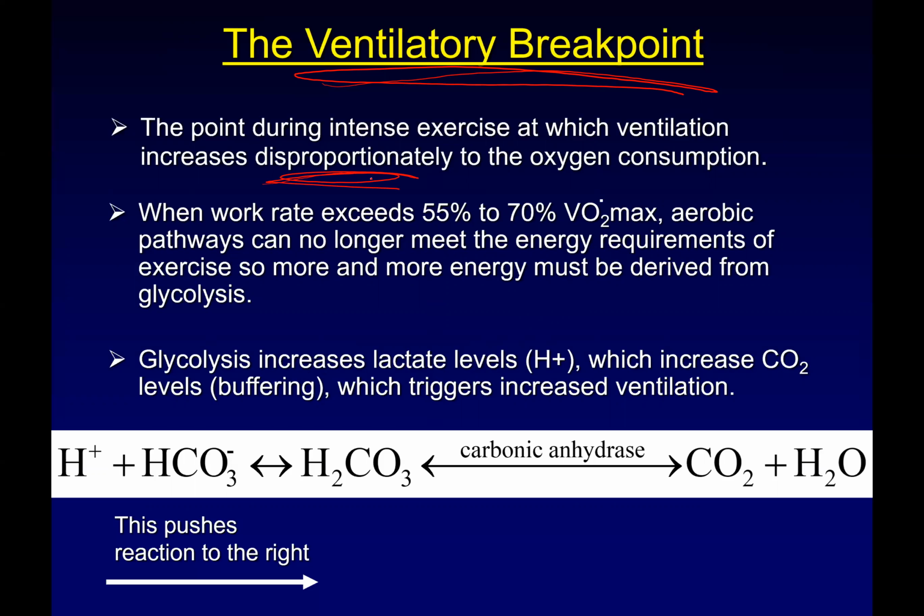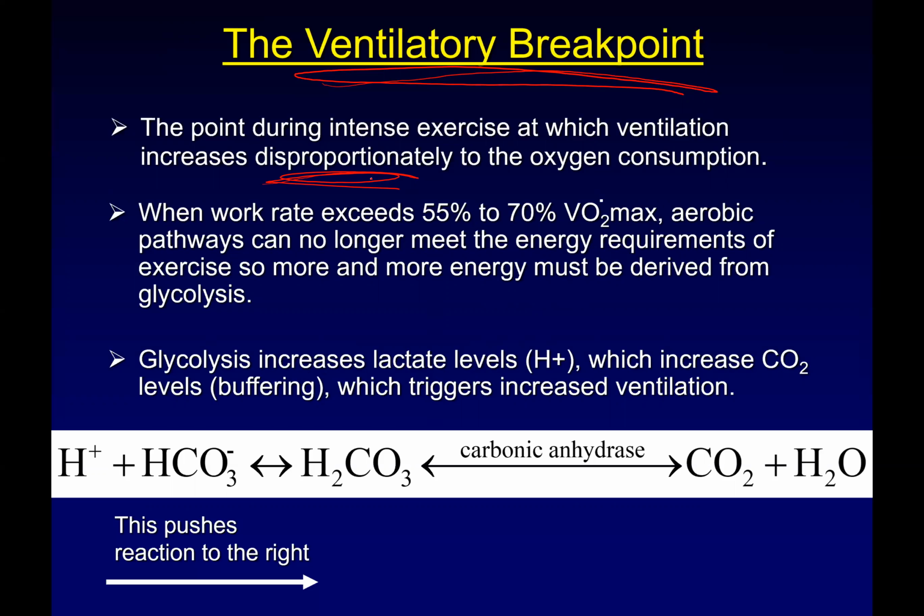If we assume that we use a certain amount of oxygen and therefore we make a certain amount of CO2 at the end of the Krebs cycle, then there should be a relatively linear, relatively constant relationship. Well, what we find is that as work rate increases, as we get up and over lactate threshold, ventilation is going to disproportionately increase in relation to oxygen consumption, okay?